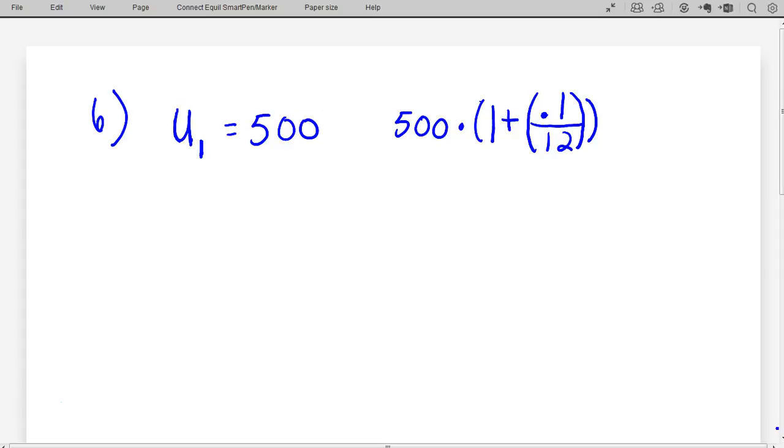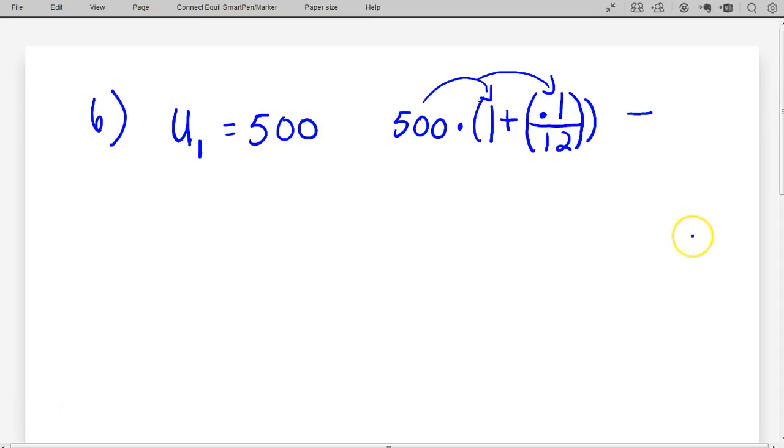If you distributed this, it'd be our 500 plus our additional 10% divided by 12, our monthly interest. But then also each month, what am I doing? I am adding $100.